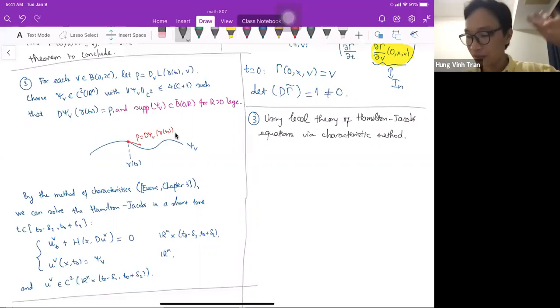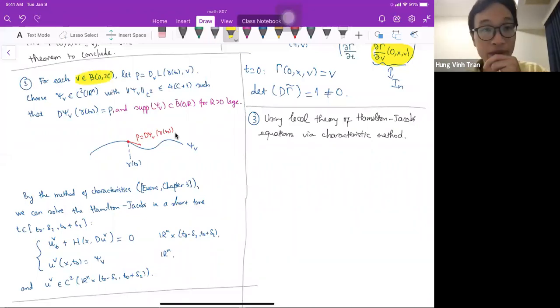It involves ODE, it involves controllability, it involves local theory for Hamilton-Jacobi equations. And what we are doing here for the moment is not very evident, but we just said earlier that for any velocity v, we are able to reach any given point. So just keep that in your mind.